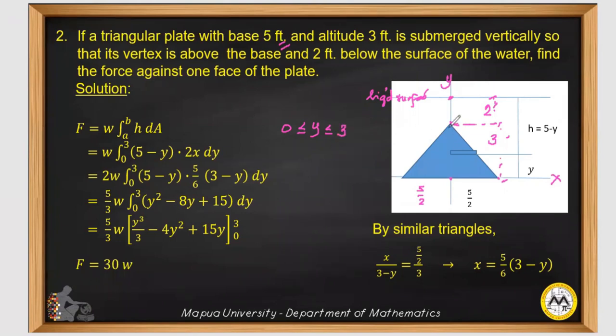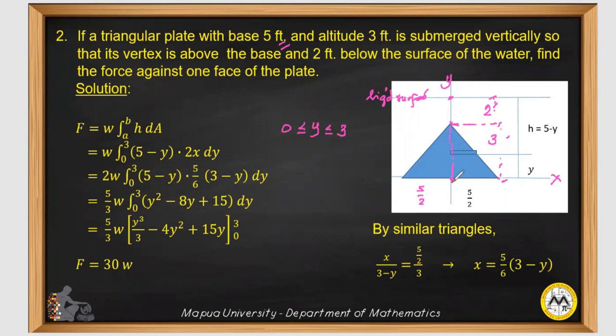But the distance from the vertex to the liquid surface is equal to 2 feet, and we will consider that in getting the value of h, which is the distance of the representative element from the water surface. And for convenience, we can just consider half of the triangular plate.